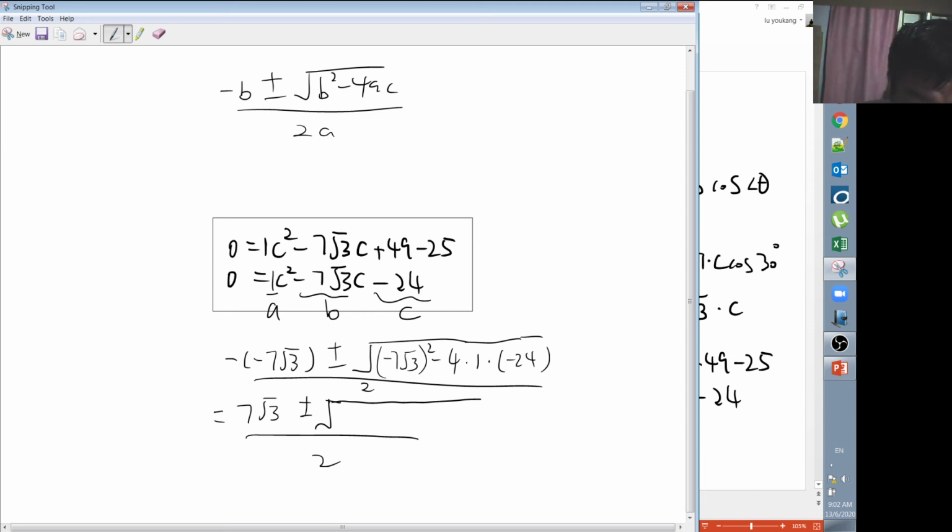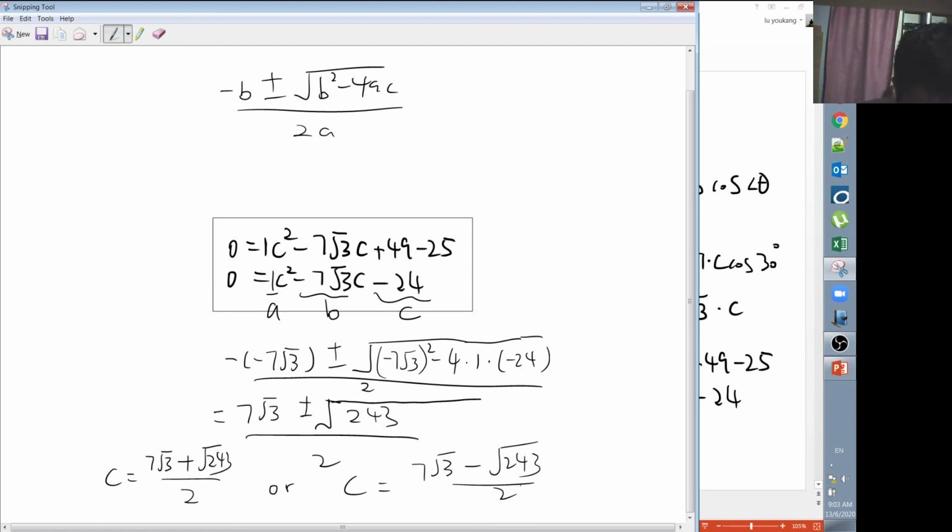So 7 root 3 to the power of 2 minus 4 times 1 times minus 24. You are supposed to get 243. So your job is to figure out your answer. You are supposed to have two answers, right? So your c is equal to 7 root 3 plus this, or your c is equal to minus 3.